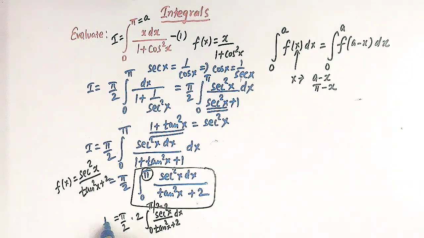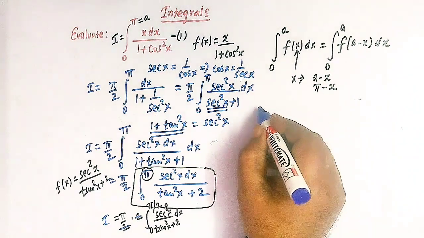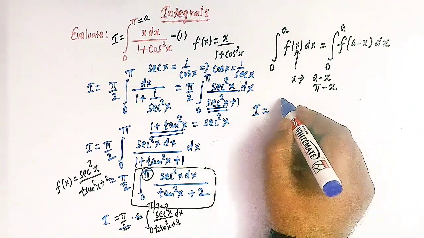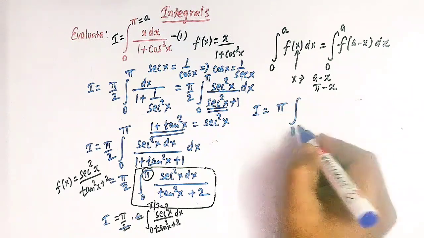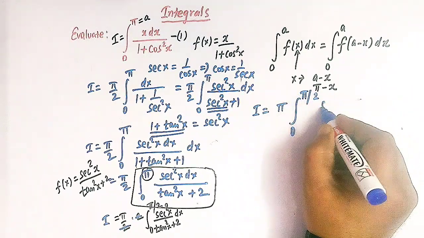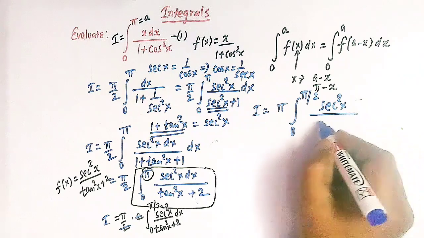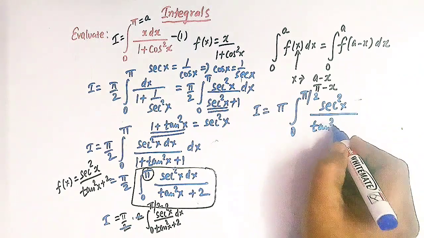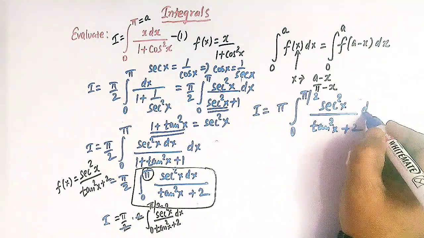So now this is our integral I. Here 2 and 2 get cancelled. So we have I is equal to pi times the integral from 0 to pi by 2 of secant square x over tan square x plus 2 dx.